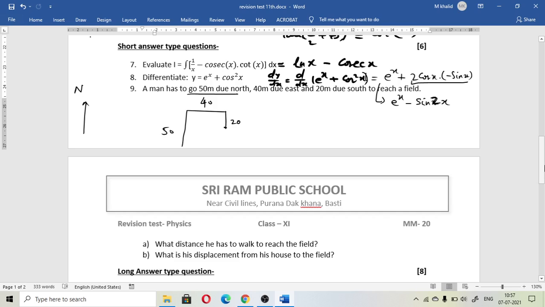Now what is the distance? Distance will be equal to 50 plus 40 plus 20, that is 110 meter. And what will be the displacement? Displacement will be the shortest distance, this dotted line we are drawing.